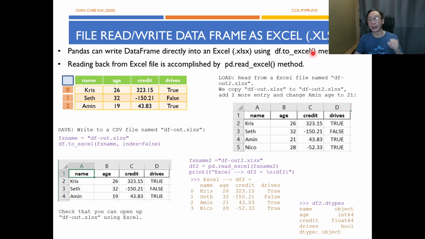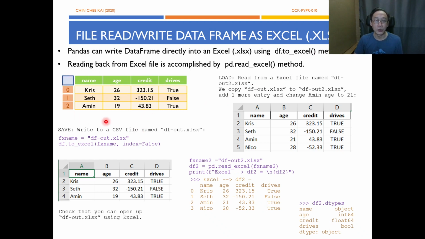If you want to read back in an Excel file with an extension .xlsx, whether it was previously generated by pandas to_excel, or it was actually saved by Microsoft Excel, it's fine. Pandas pd.read_excel can read in the .xlsx file. So it's very, very powerful in that sense.